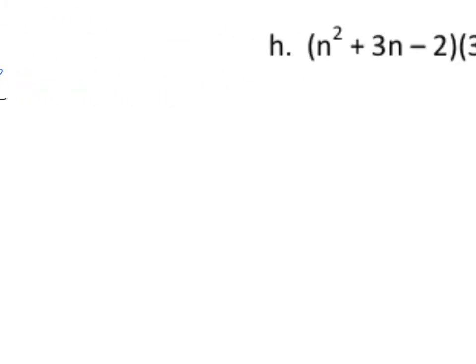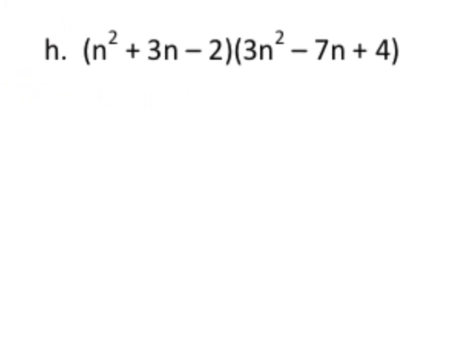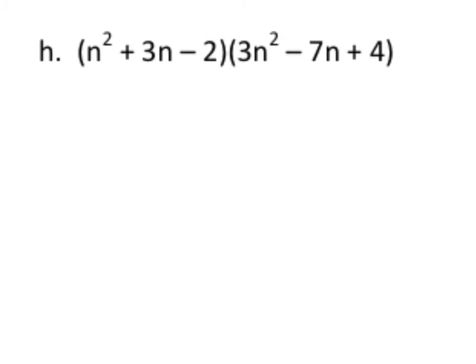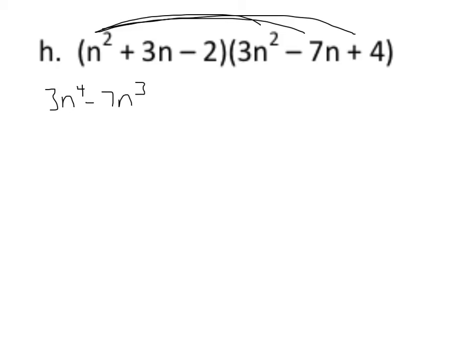And our last one, a trinomial times a trinomial, takes a lot of work. So we will start with distributing the first term to the second. So we will have 3n to the fourth minus 7n cubed plus 4n squared.